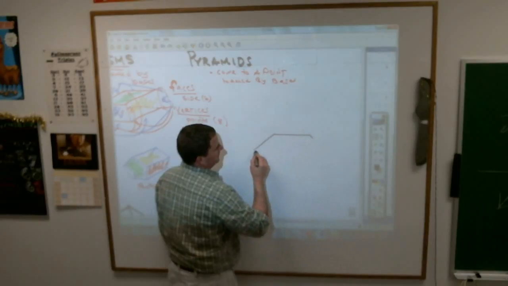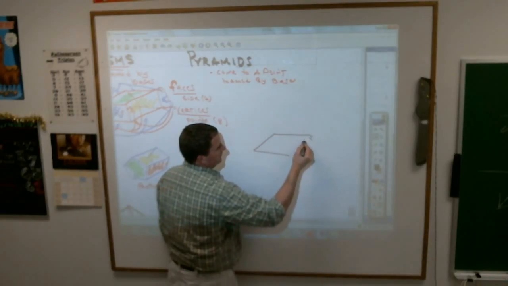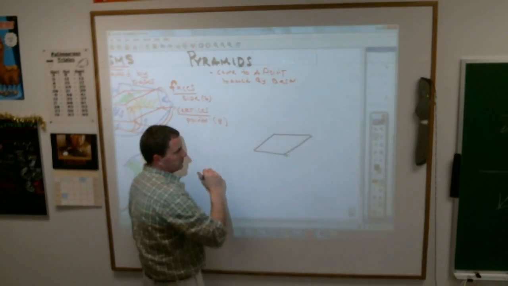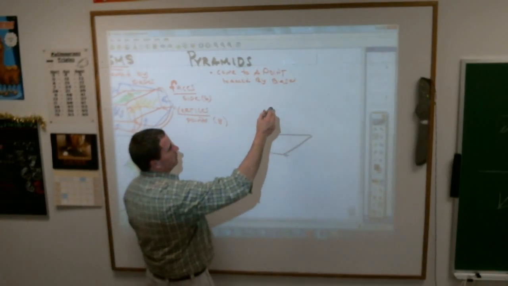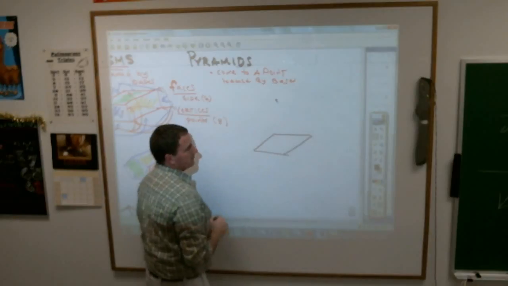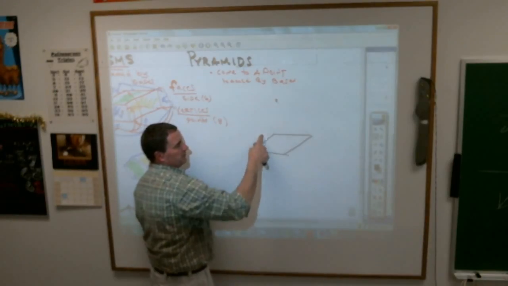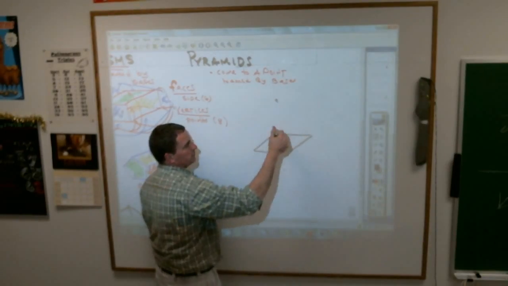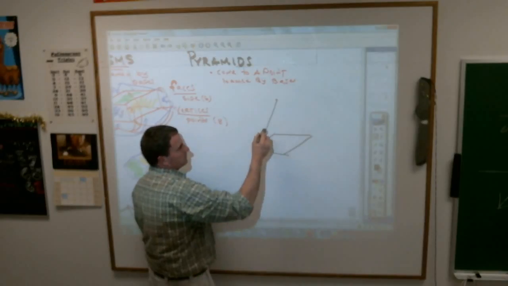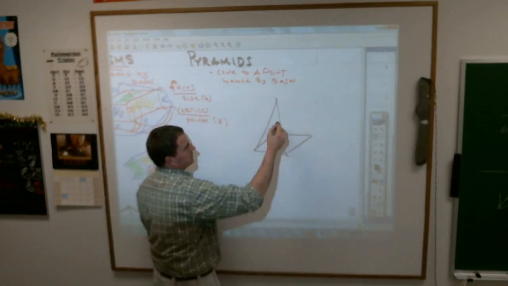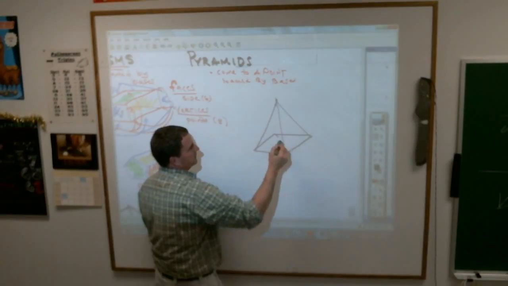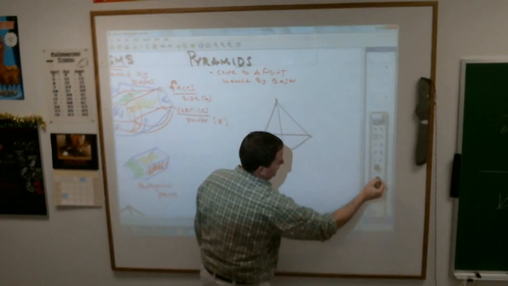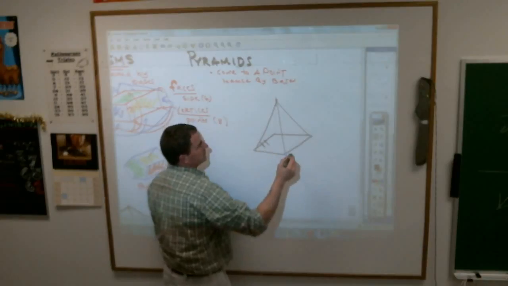And again, it's three-dimensional. Even though it doesn't look like a square there, it's really supposed to be a square. Once you get your square, you just need to put a point anywhere up here. Then you connect that point to all the vertices of your square. You come down, do this, come down, do this, come down, do this. And again, you can make dash lines for the places where you can't really see the lines.